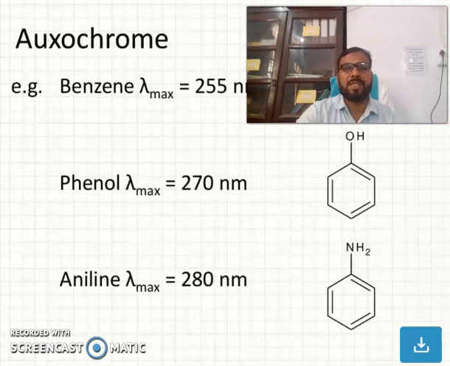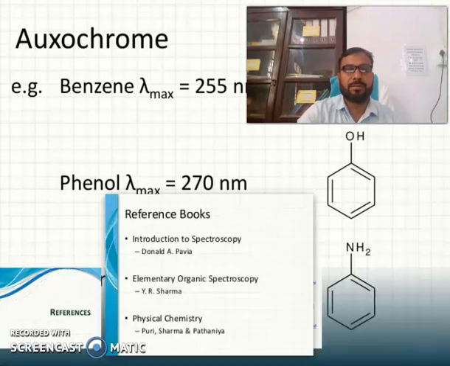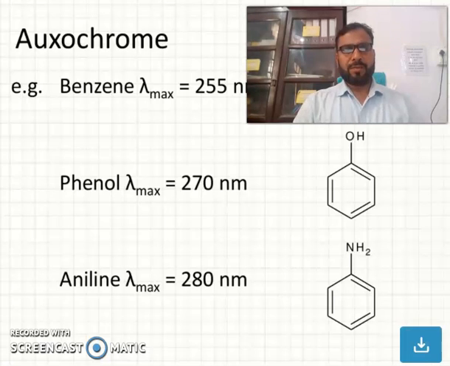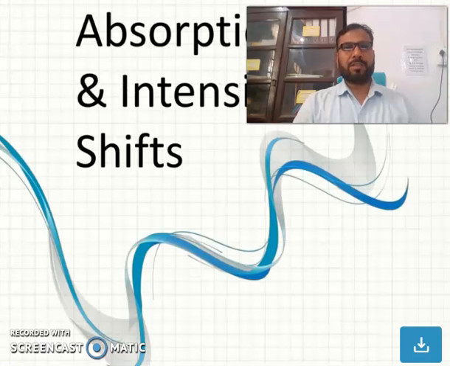You can see benzene lambda max 255 nanometer, phenol lambda max 270 nanometer, aniline lambda max 280 nanometer. Aniline lambda max 208 nanometer.